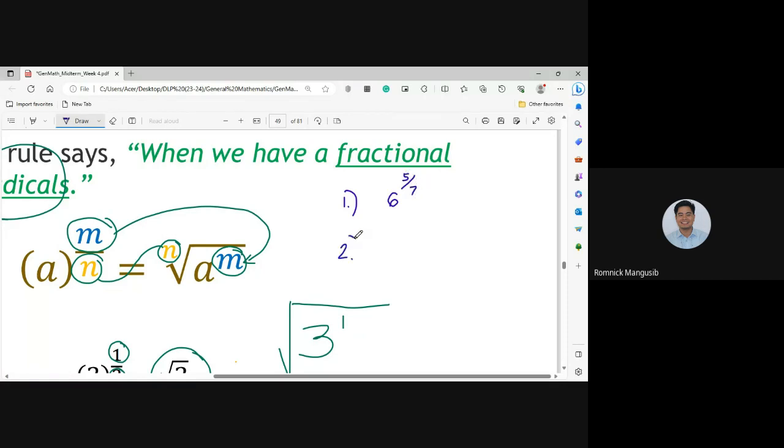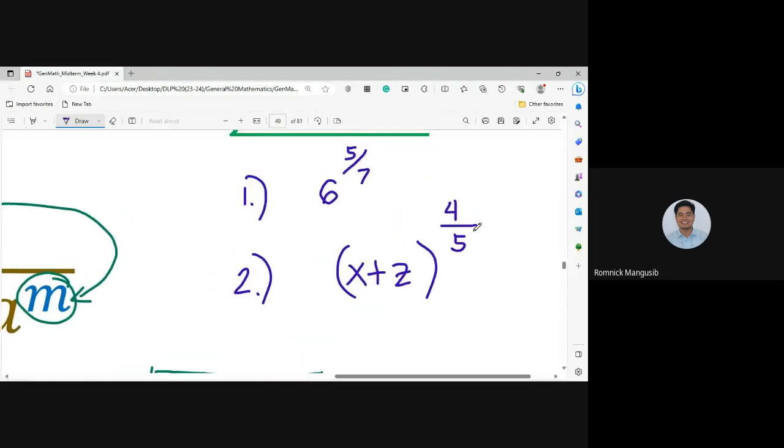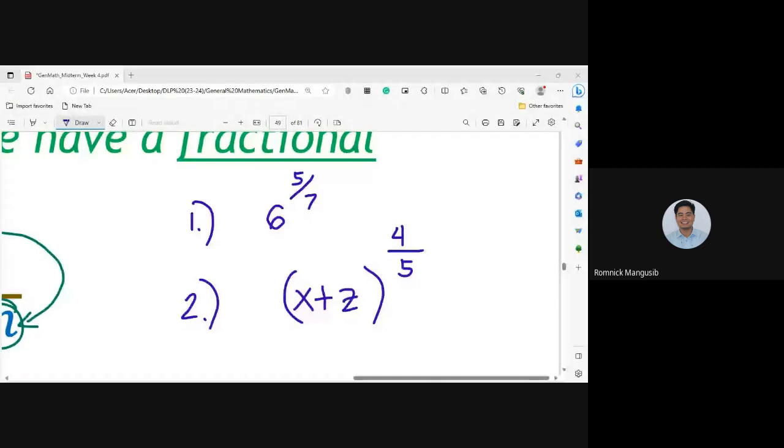And number 2, ano naman ang katumbas ng x plus z raised to 4 over 5? Okay, itong dalawang ito, i-rewrite niyo siya sa kanyang katumbas. Isulat mo sa papel, picturean mo, isend mo sa akin sa messenger. I'm giving you just 20 seconds to do it.